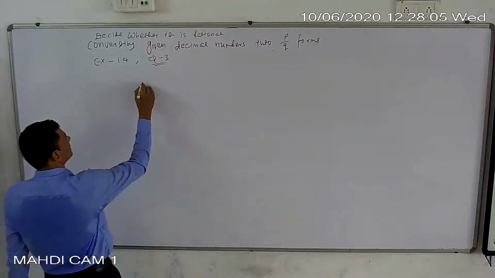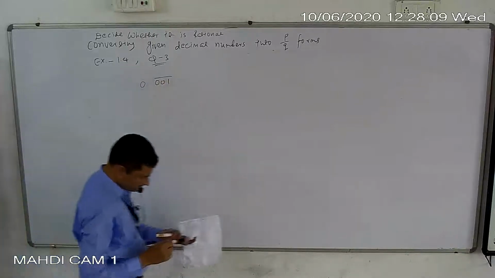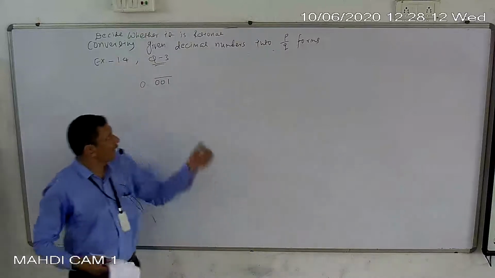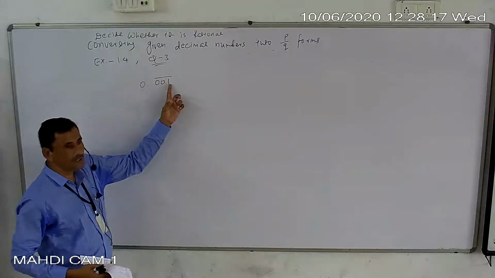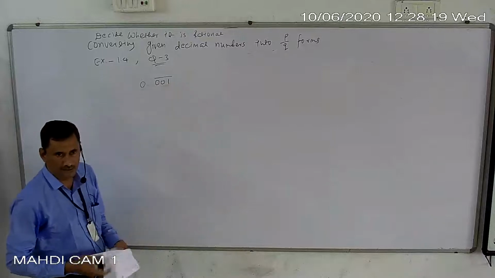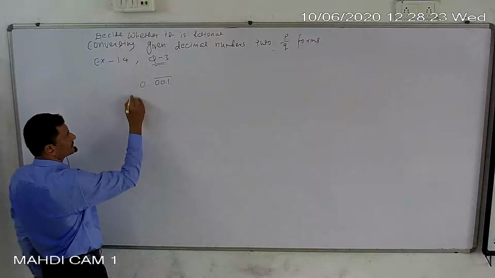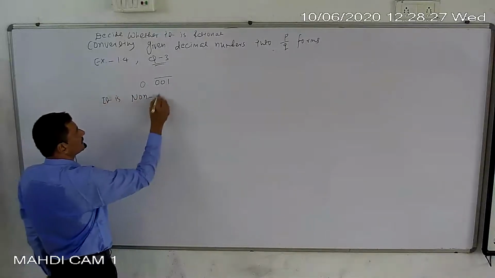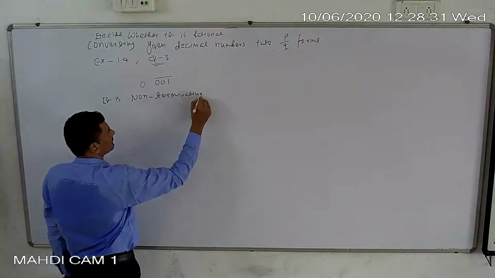Now, suppose you are given 0.001 with a bar. First of all, when you see a bar anywhere, that number is non-terminating recurring.